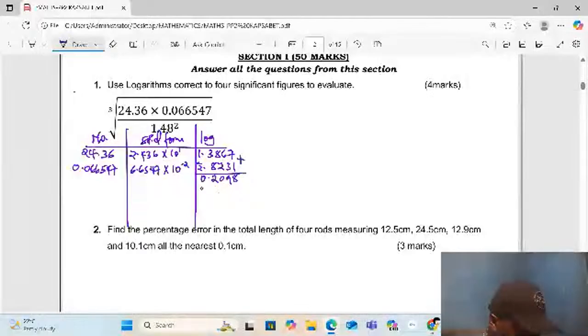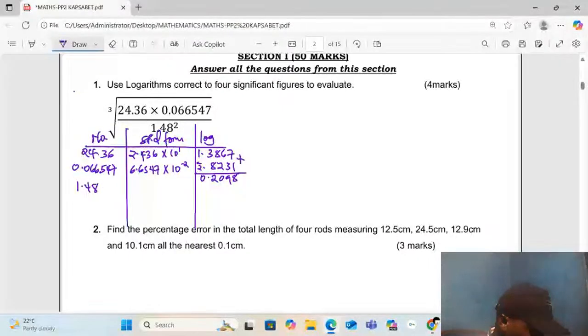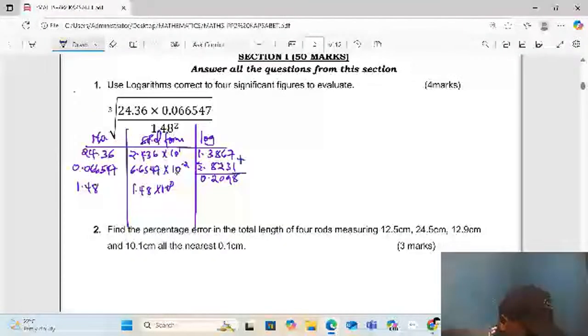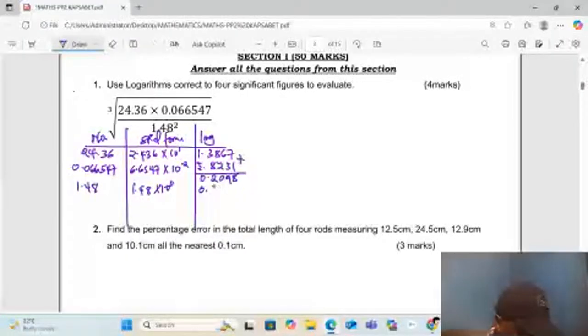We now move to the next part. The next number is 1.48, that is squared. So we have 1.48, and the log of 1.48 is 0.1703.